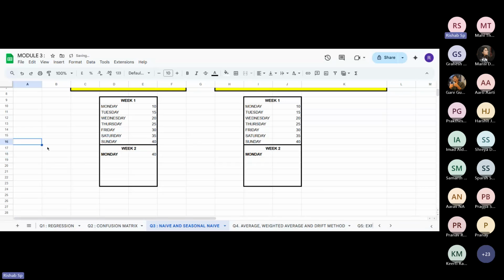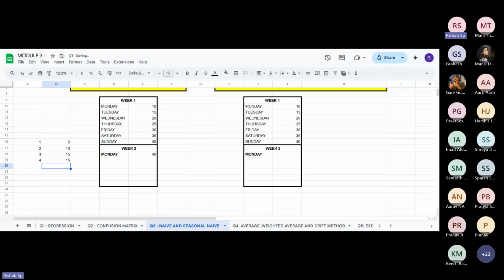Let's take another example. Let's assume there are day 1, day 2, day 3. Data is 5, 10, 15. Predict the data for day 4. The data will be the same as what we got in day 3. So it will be 15 itself.